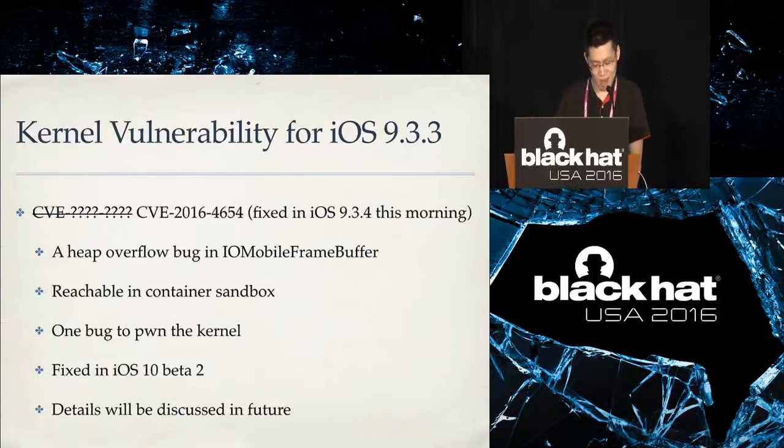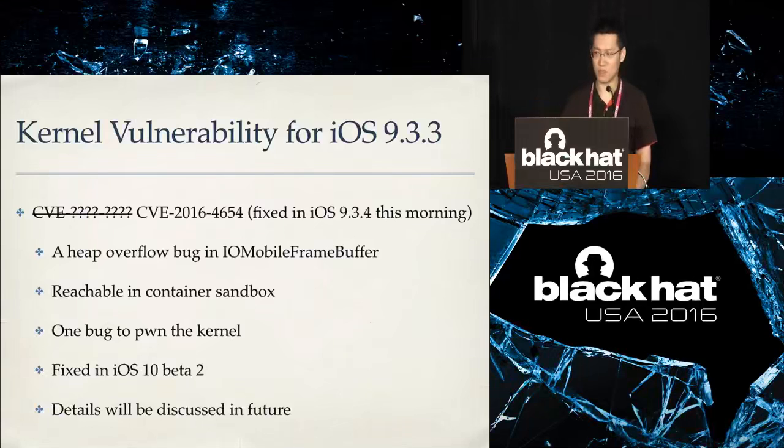This bug is a heap overflow bug in IOMobileFramebuffer. IOMobileFramebuffer is related to the display; it stores some mobile framebuffer for the display. This user client is accessible in the container sandbox.